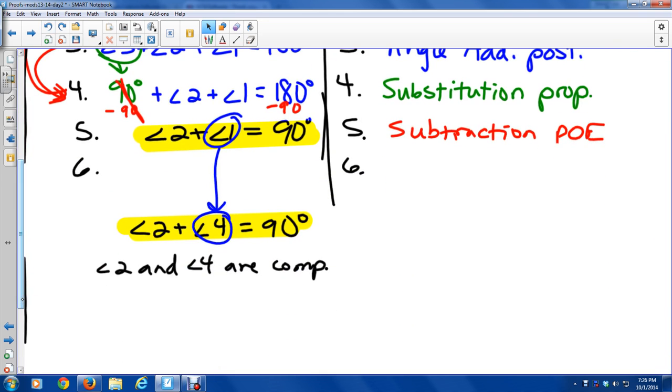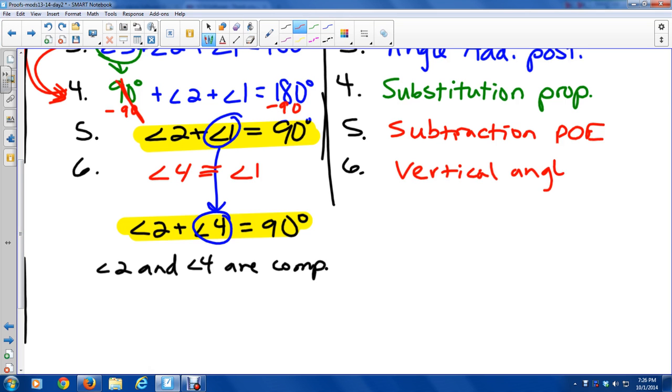You might have written in your proof. I waited, but I'm going to do it now. I'm going to go ahead and note that angle 4 is congruent to angle 1 because vertical angles are always congruent to each other.